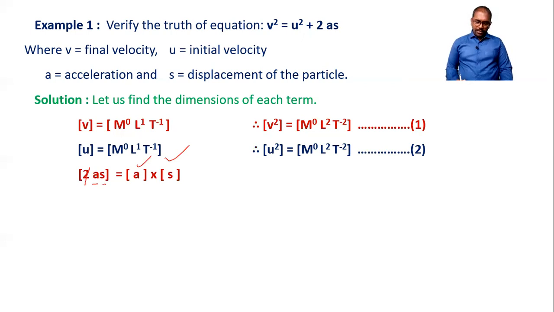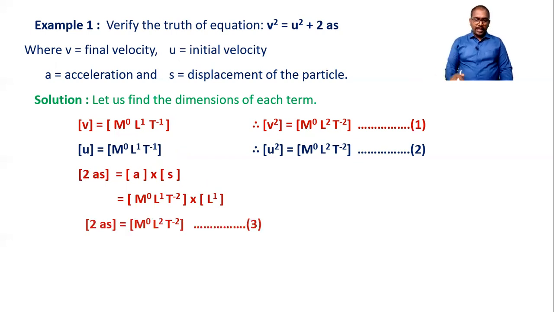The dimension of acceleration is M0 L1 T minus 2, and displacement is L1. After multiplying these two dimensions, we get the dimension of this term: M0 L2 T minus 2. So this is the dimension.